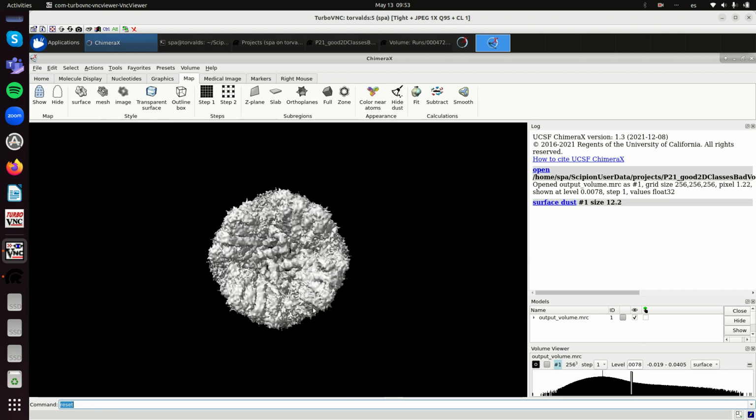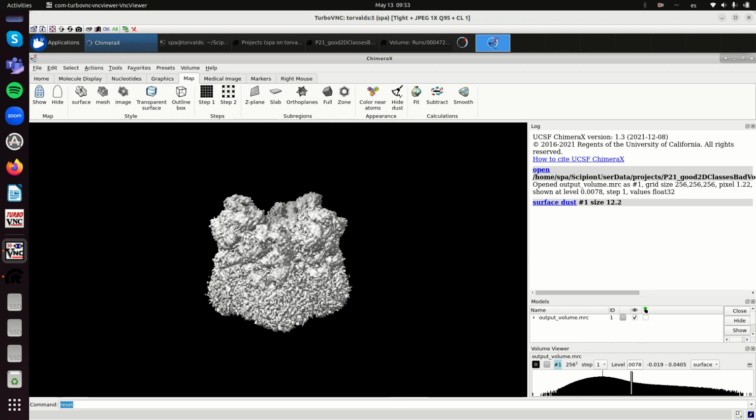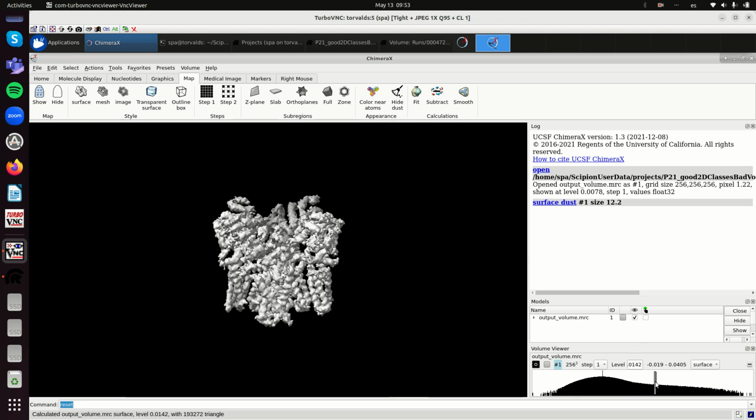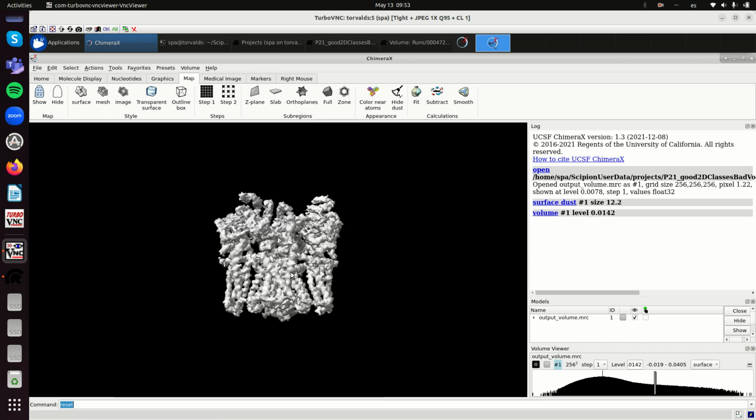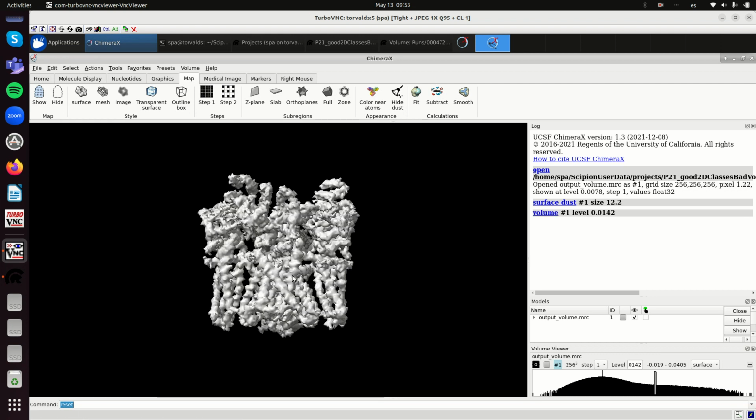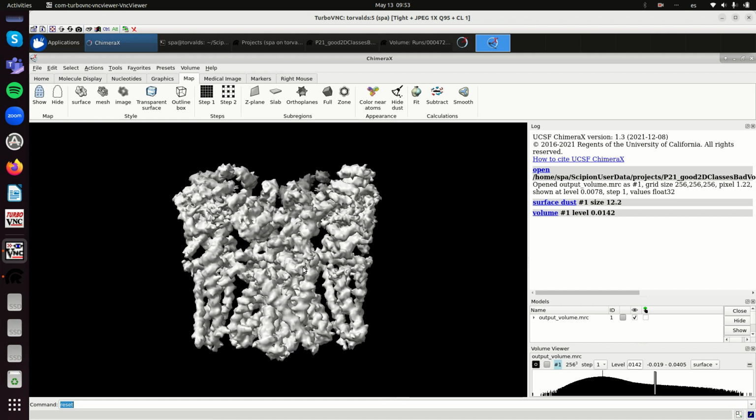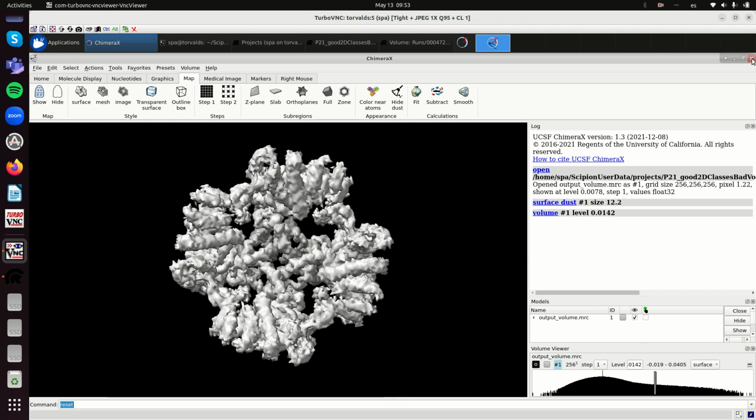Here is the nanodisk, and then we can get rid of the nanodisk. Here we see the alpha helices, and that's fine, and this is how the structure looks.